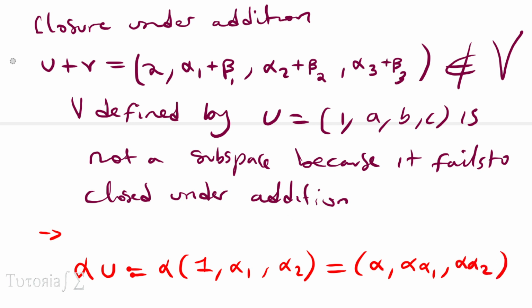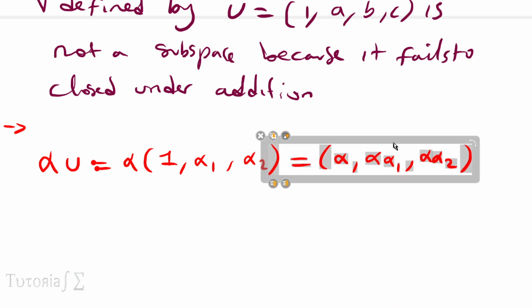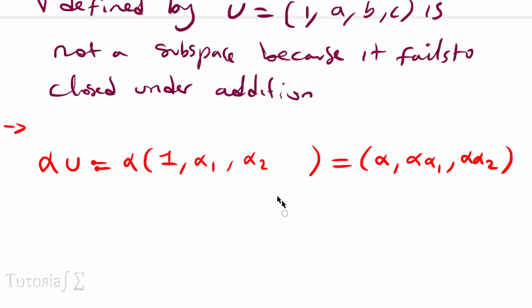So you see, this one is also failing. Why is it failing? It was supposed to be 1, but we have just alpha. So it fails to meet that condition, and closure under multiplication has failed too.